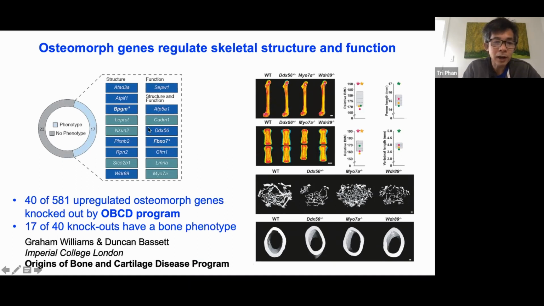And one of the things I want to highlight was that 2 of these genes, BPGM and FBXO7, were unique to the osteomorphs and weren't upregulated in the osteoclast, suggesting that this cell state not only is distinct and a separate cell state, it can actually be a very important source of gene discovery in terms of what's important in osteoclast, osteomorph, and bone biology, and hopefully also then in terms of understanding diseases.